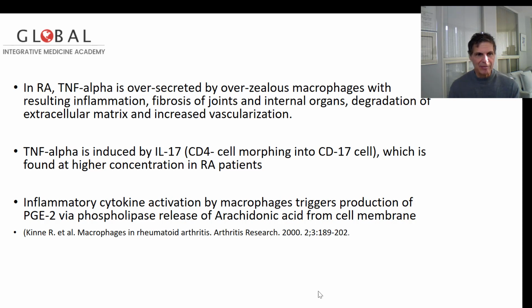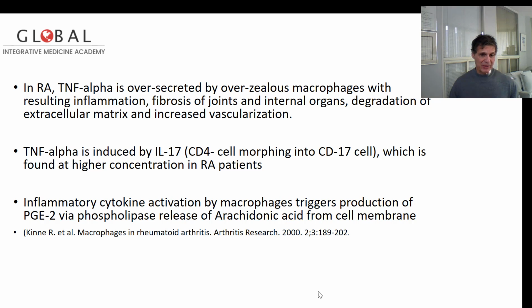and internal organs, degradation of extracellular matrix, and increased vascularization. So TNF alpha is induced by the interleukins, the CD4 cell that becomes the interleukin 17. It's being induced by that crazy CD4 morphing into the Th17 cell, which is found at high concentrations in rheumatoid arthritic patients.